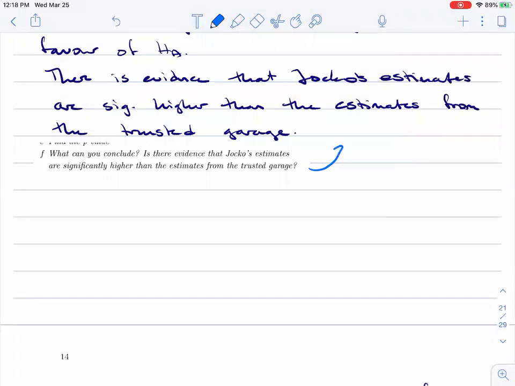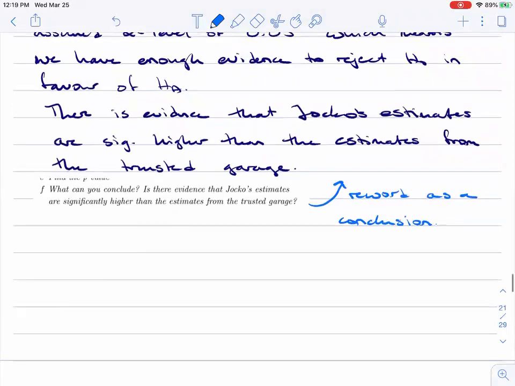And then I'll just put a little arrow here. Reword as a conclusion. This is what we did there. Nice. And that's it.